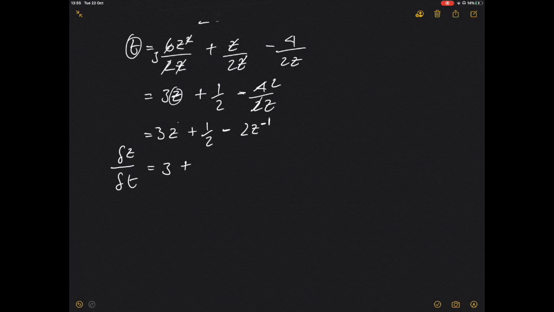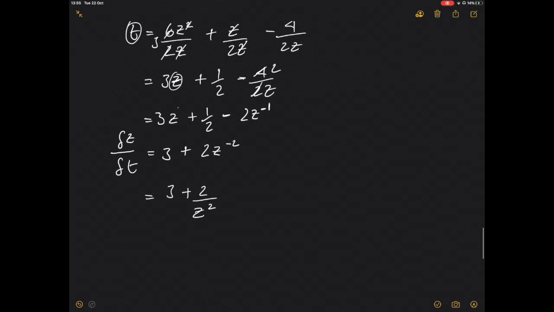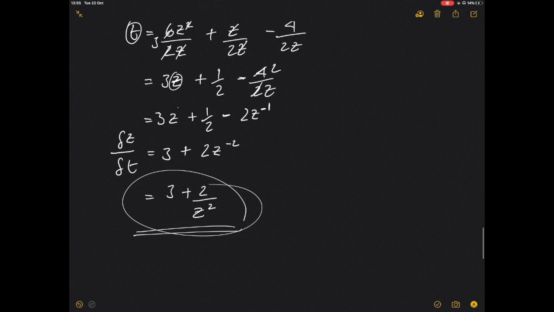So we'd have positive 2z to the minus 2, which we could describe as 3 plus 2 over z squared. Okay, so that would be our answer to our problem.